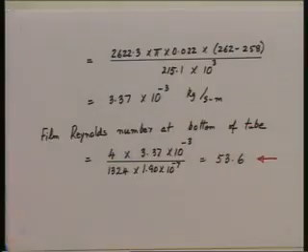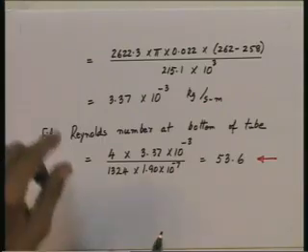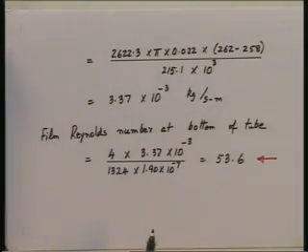Therefore, in the present case, this value 53.6 seems to indicate that perhaps the value which we have got in this case of the H, that is 2622, may be a slight underestimate. The actual value of H bar in this case for this tube may be about 10 or 15% higher.